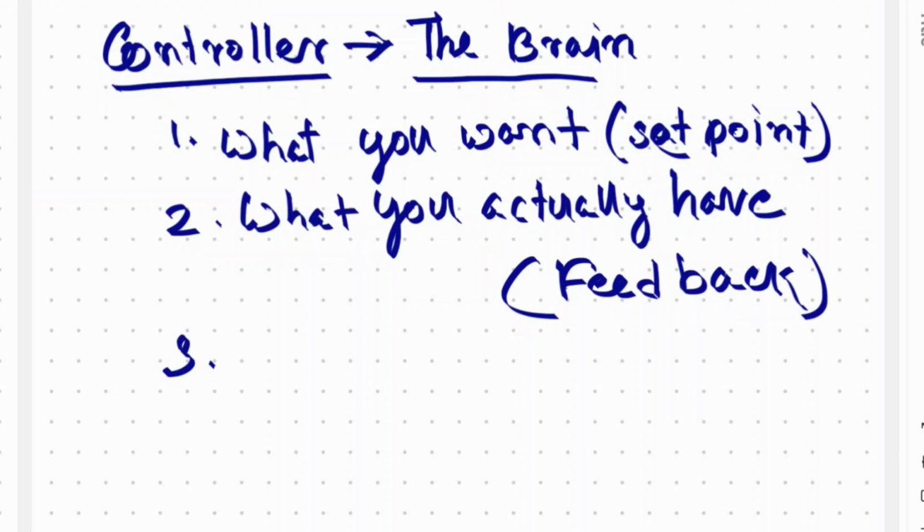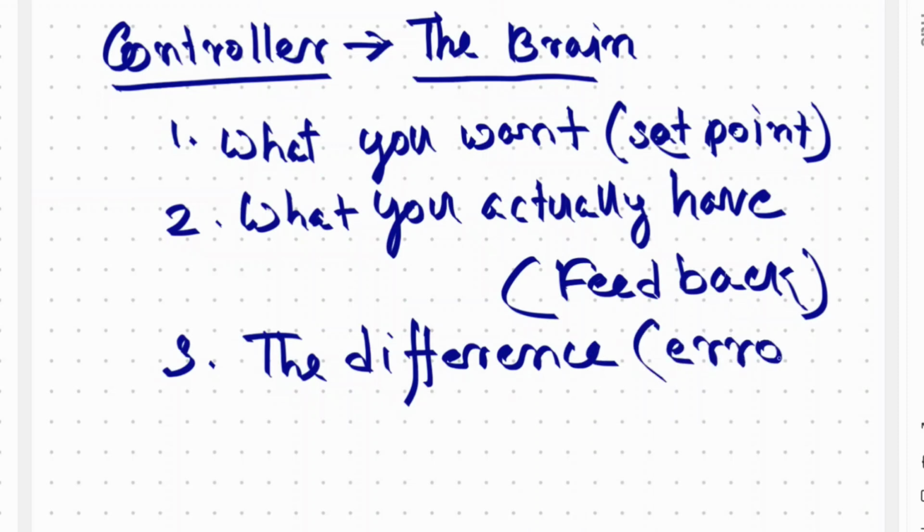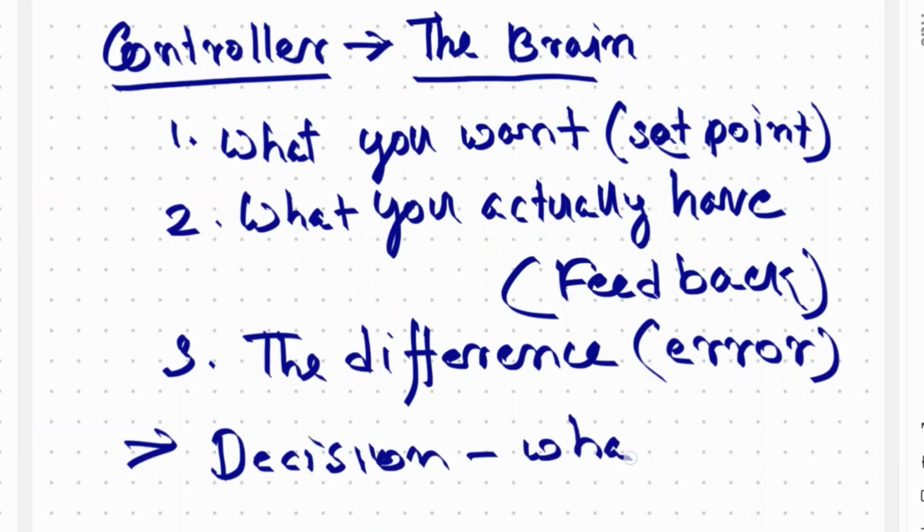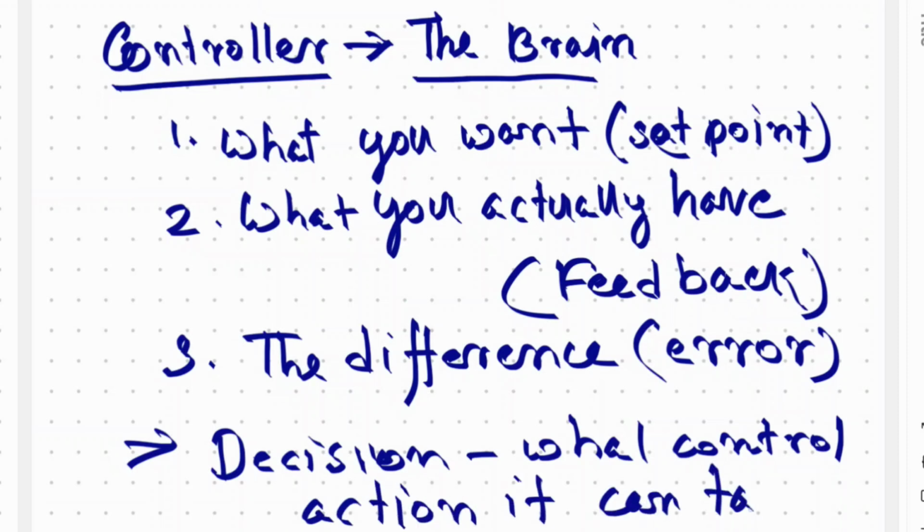Third is the difference, that is the error. Then it decides what control action it should take. So this is called a controller.